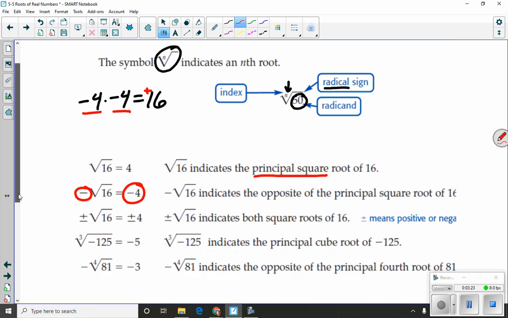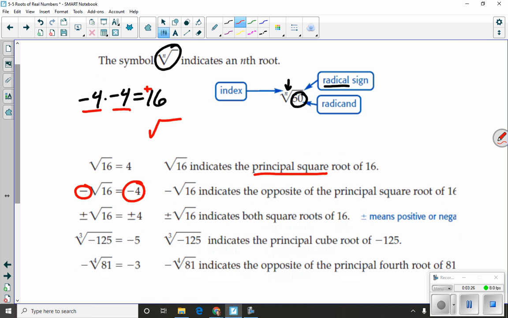So how could I take the square root of a negative 16 on the inside? Well, what times itself makes negative? If it's multiplying by itself an even number of times, it'll always be back to positive. So there are no real solutions for the square root of a negative value.